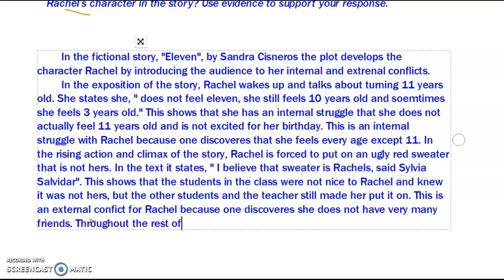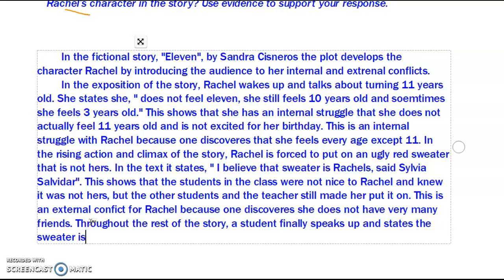Throughout the rest of the story, a student finally speaks up and states the sweater is hers and not Rachel's.